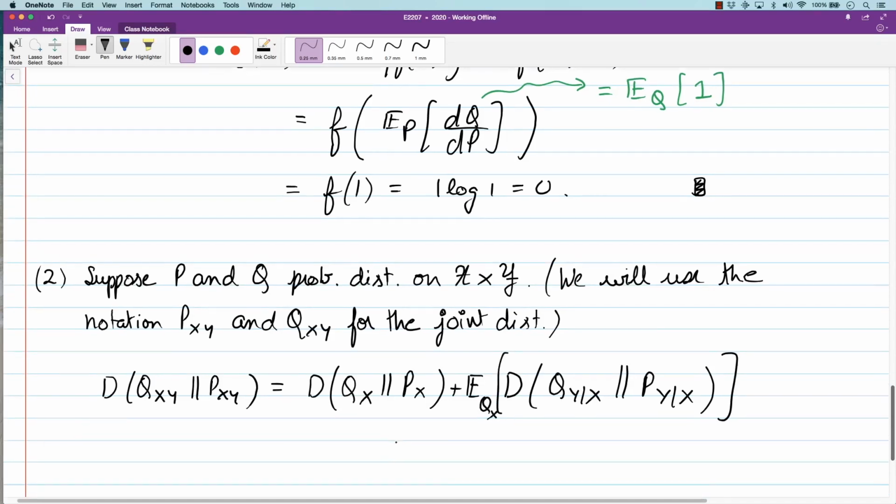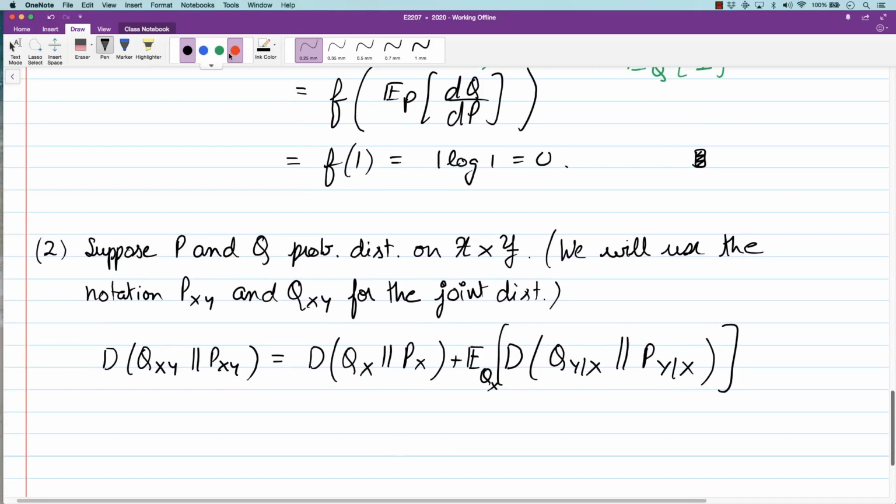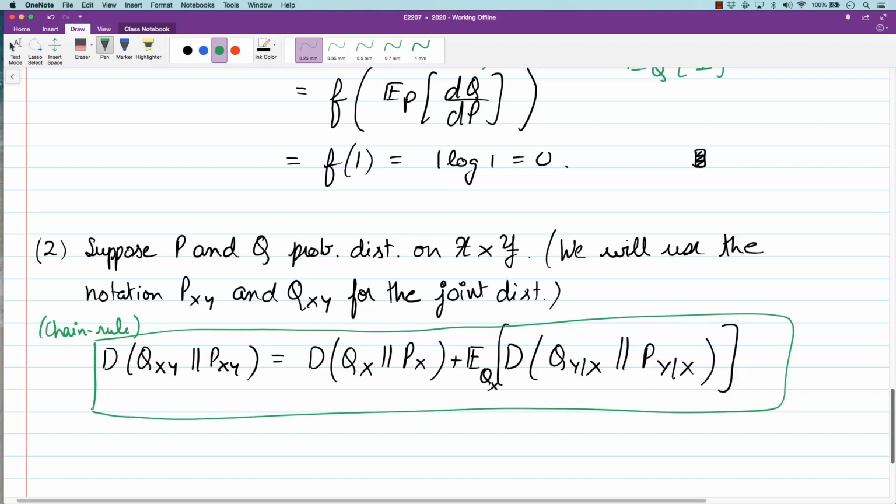Yes, this is called the chain rule for divergence, and this will be very useful for establishing the tensorization property we are looking for. If you have the divergence between Q_XY and P_XY, it can be decomposed into the divergence between the first part and the conditional divergence.